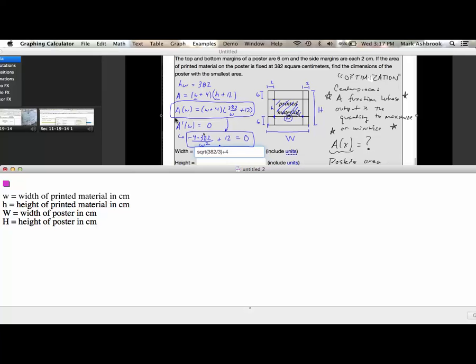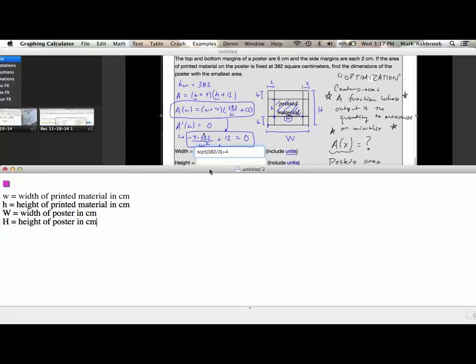And we said we wanted to minimize this quantity, area, and so to find a minimum, we know that local minimums are where the first derivative equals 0, at a critical point, critical value. So we take that first derivative and set it equal to 0.